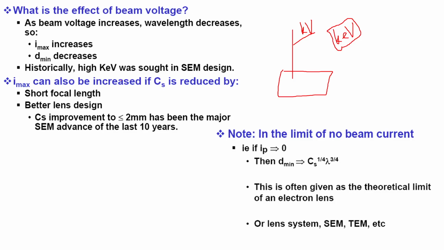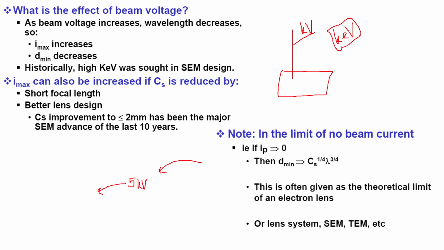So we need to have a short focal length and a better lens design. Now everyone is moving to lower kV, for example a 5 kV source. People are trying to move to lower kV to have better image quality.